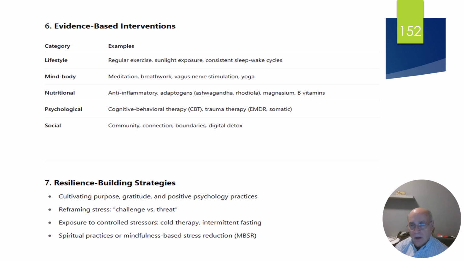So, what are some of the interventions involved in managing stress? Lifestyle: regular exercise, sunlight exposure, and being consistent with when you go to sleep and when you wake up. Certainly mind-body: meditation, breath work, vagal nerve stimulation, yoga. We've listed a whole bunch of anti-inflammatory supplements, adaptogens, mainly ashwagandha and rhodiola, magnesium, and remember for the blood-brain barrier, magnesium threonate, and B vitamins, but they should be in methylated form.